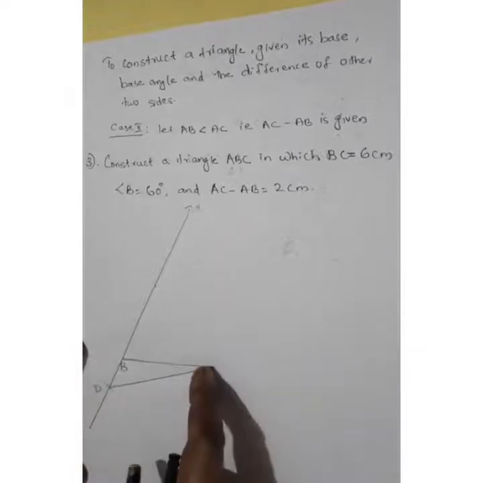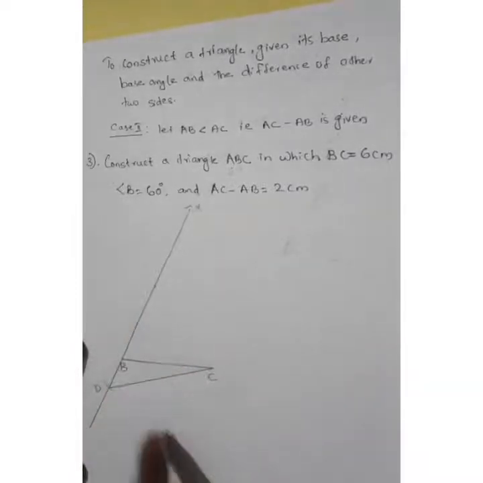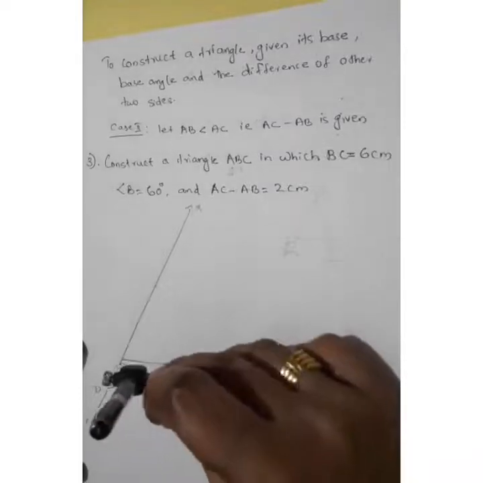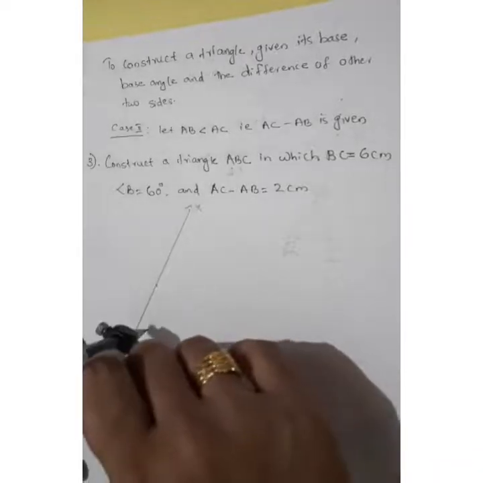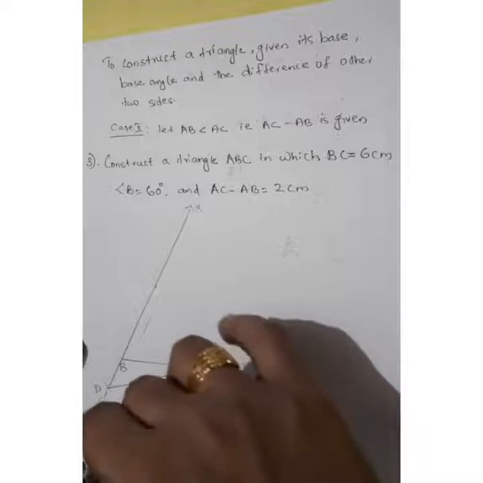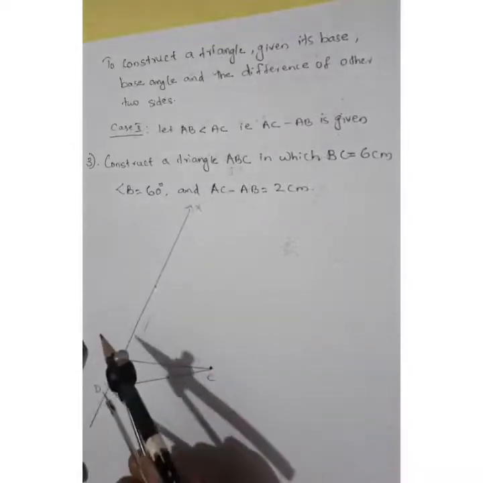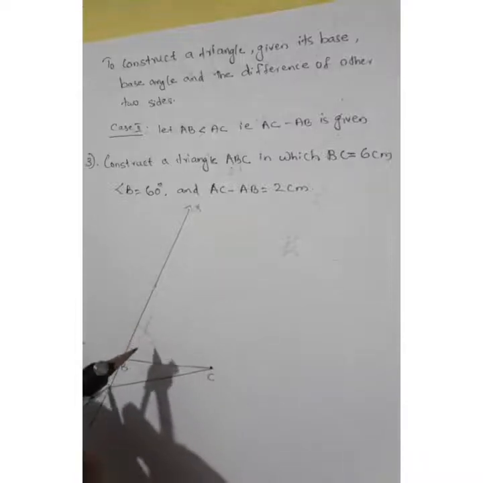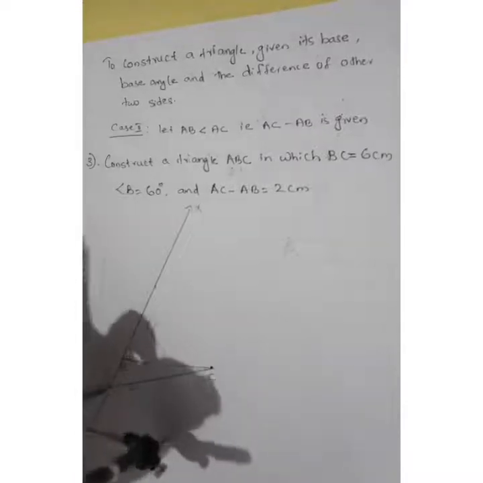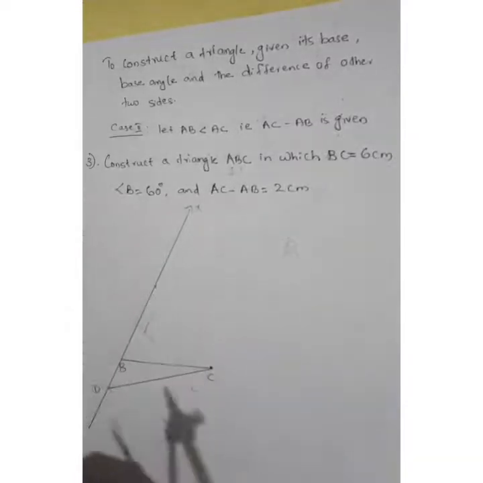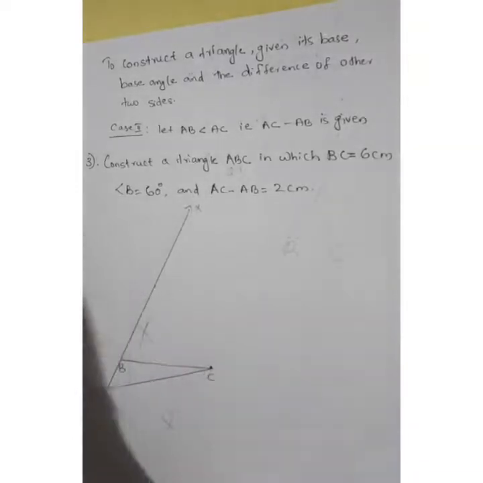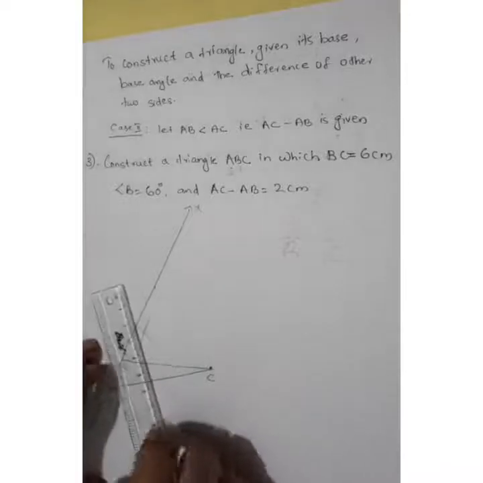So CD is our line, so up and down, here and here. For the perpendicular bisector, I'm taking more than half the distance. And here one arc, here another arc. One more time. Okay. And after that, what is the next step?